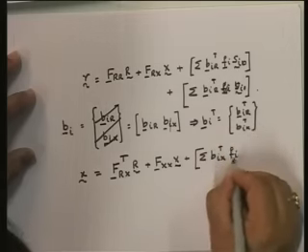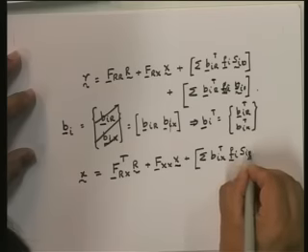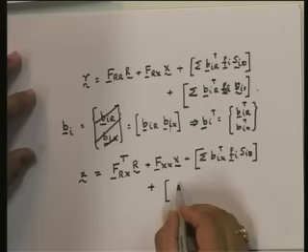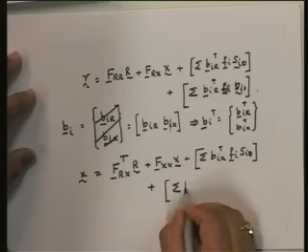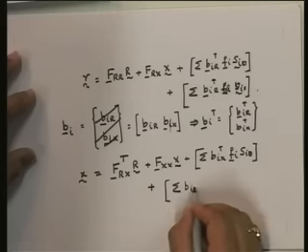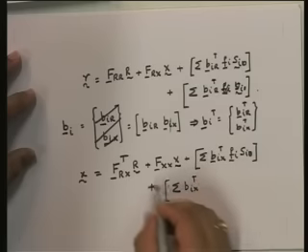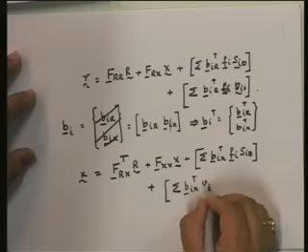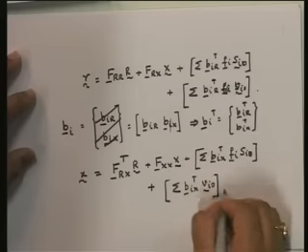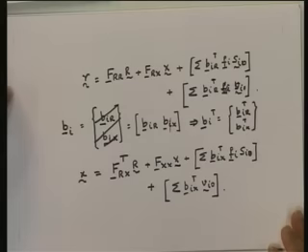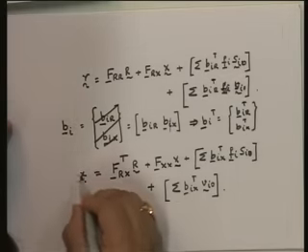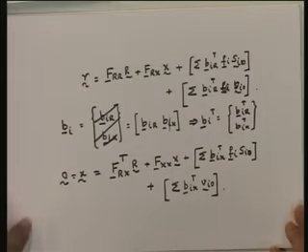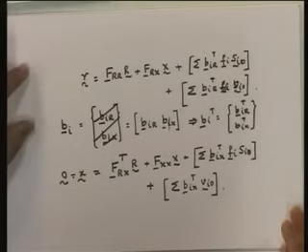BIX transpose FI SI0 plus BIX transpose into VI0. And note that typically this is a 0 vector.